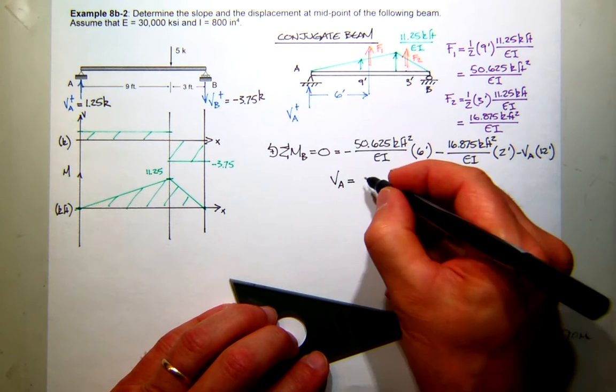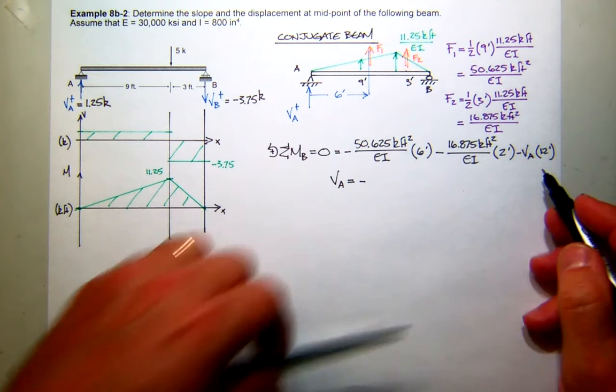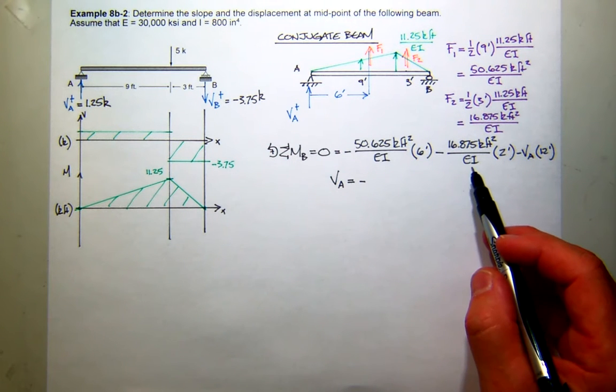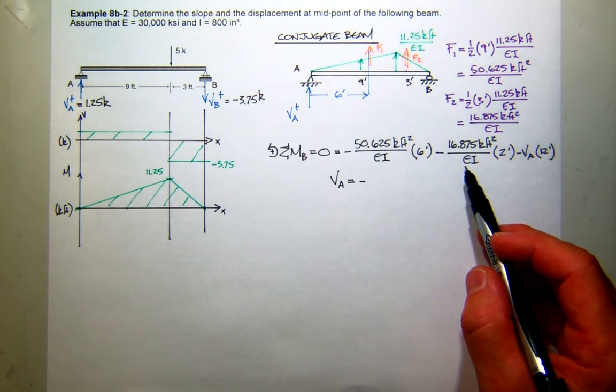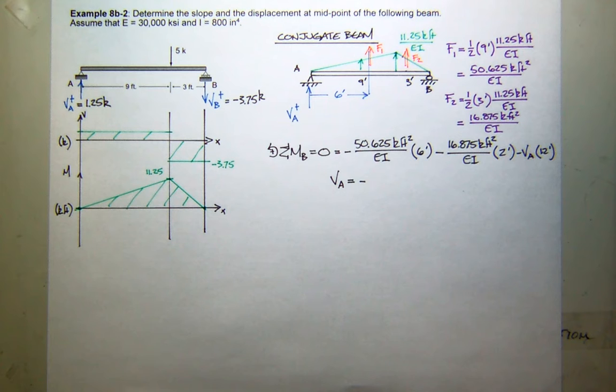It looks like it's going to be negative. You guys will have to help me with that. 25, 26, 27, 28, something like that. I'm guessing. You shouldn't be guessing.